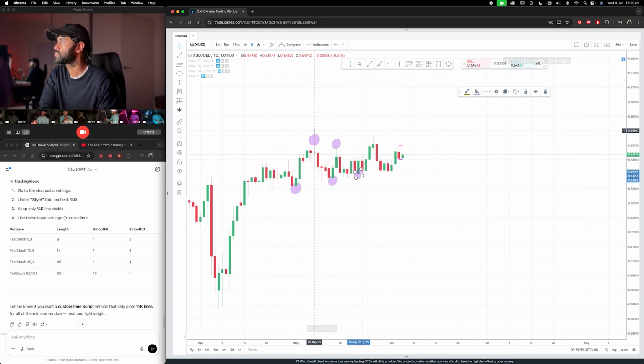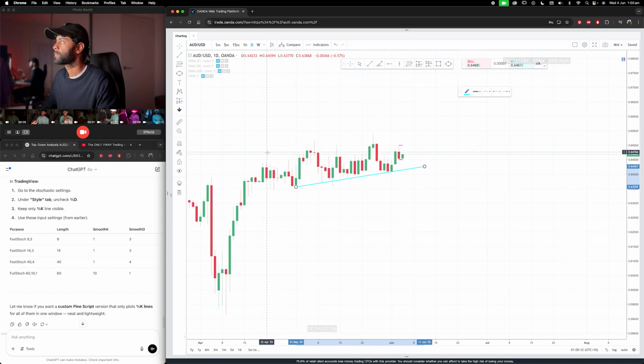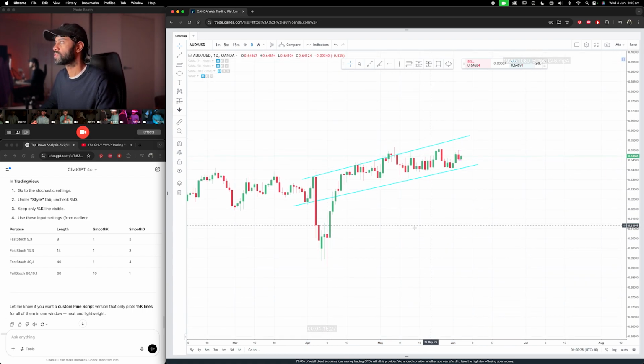Now, you know what? I'm going to get this out of here. Instead, I'm going to draw a trend line. Disregard this big dip. That's because of the Trump trade tariff wars that collapsed most of the markets.